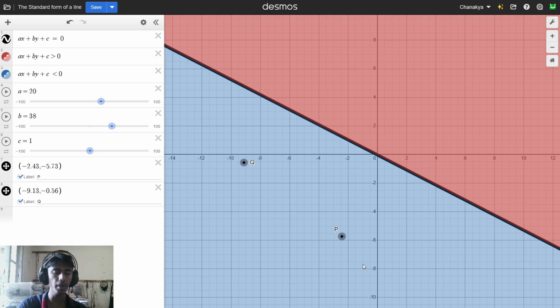So in this case as well, we can see that the product of those two sums is going to be positive. Therefore, if you have these 2 points on the same side of the line, then the product of those two sums that we described, ax1 plus by1 plus c and ax2 plus by2 plus c, is going to be positive.